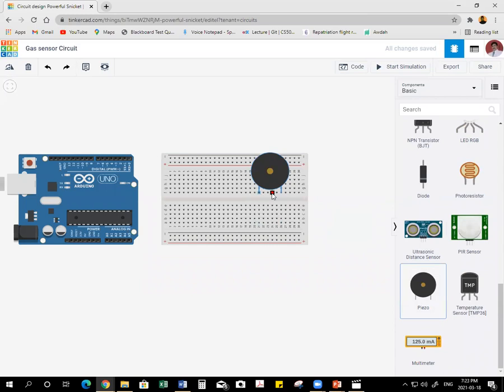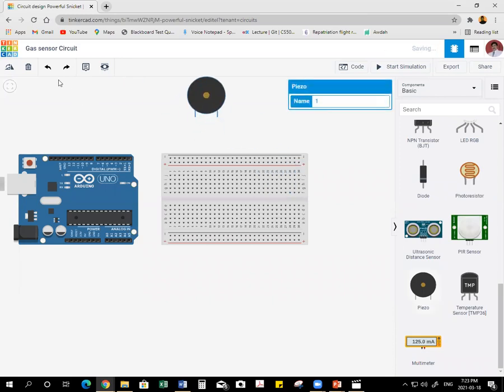It will have sound output. It will have vibrating dampers inside. It will vibrate, and you will get different sounds with different tones, which we'll study. Okay, I will rotate this buzzer by 180 degrees. Now I will keep it somewhere here.